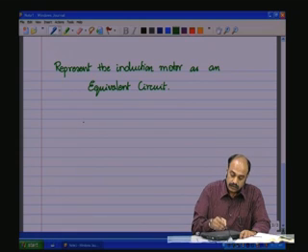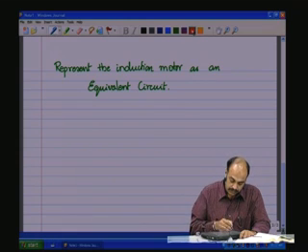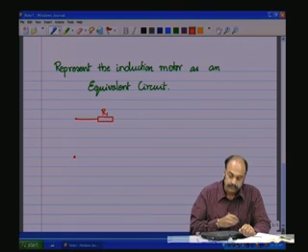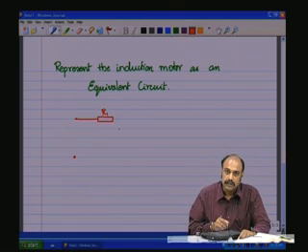So if we take the equivalent circuit of a transformer, let us say we start with the primary terminals. Now starting from the primary terminals, we have an R primary, and here I will call it R1, so that we keep it general between the transformer and the motor.